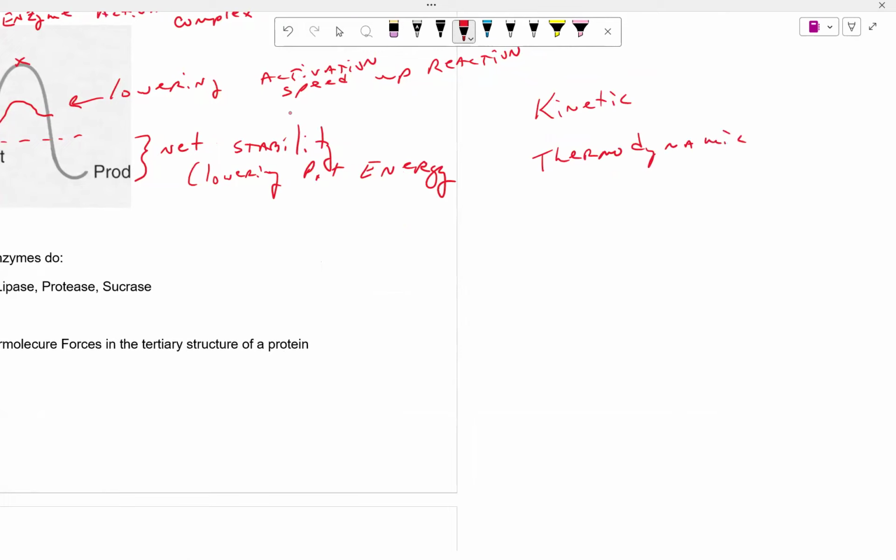The thermodynamic has to do with potential energy levels, and the kinetic has to do with activation energy. So something can be kinetically favored, but not thermodynamically favored, or vice versa. And I gave the example of the carbon, the charcoal, and the diamond.